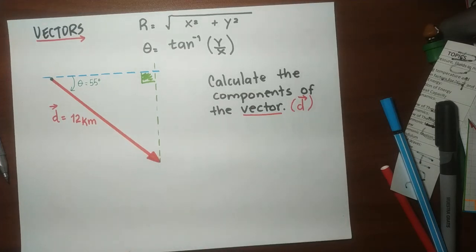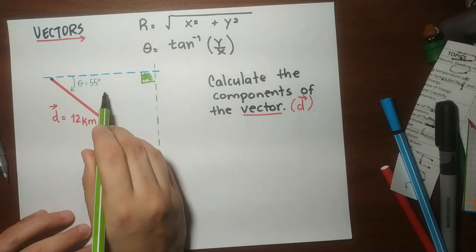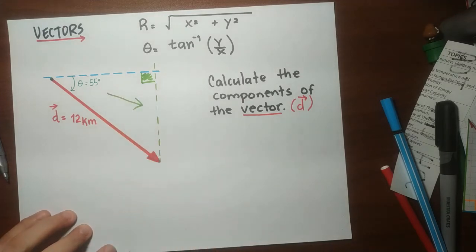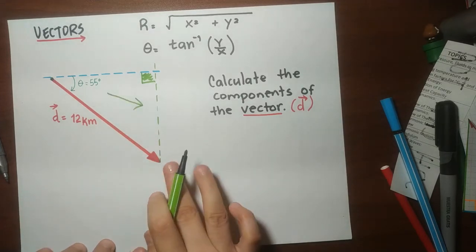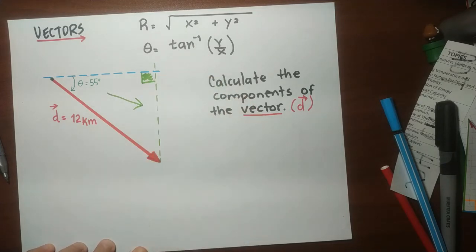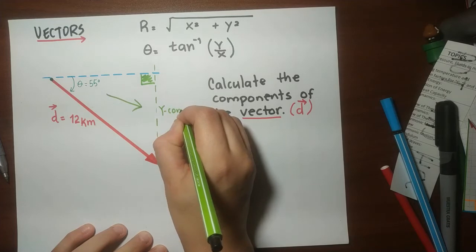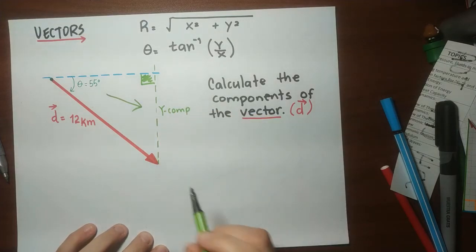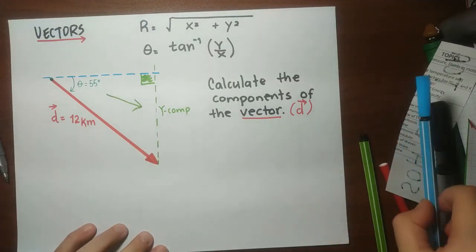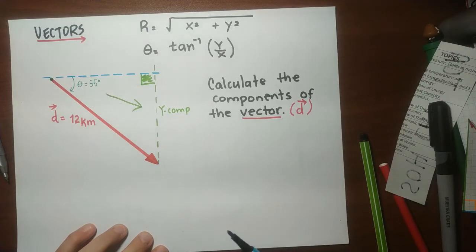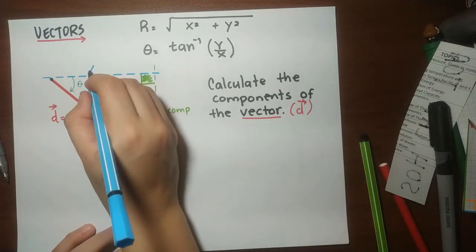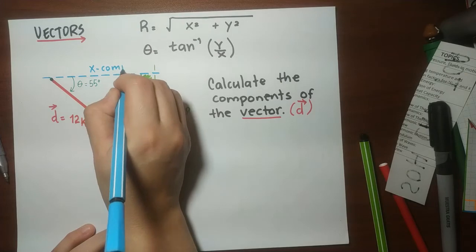So let's see, my opposite component is the one that is over the y-axis. So this is going to be called my y component. Therefore, the one in blue is over the x-axis, so we're going to call it x component.